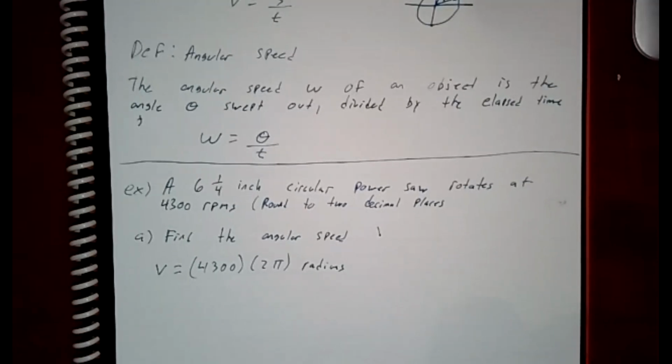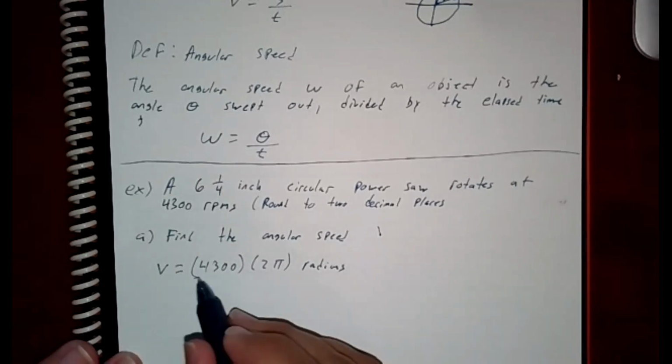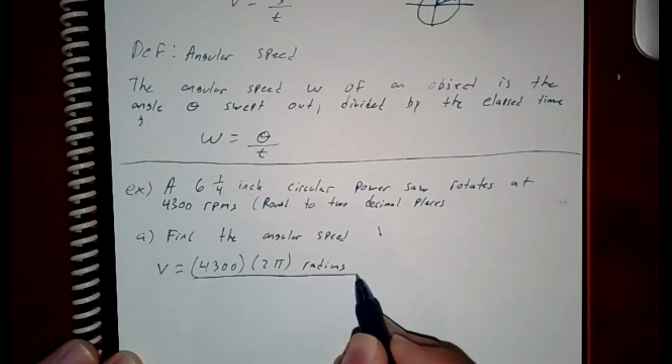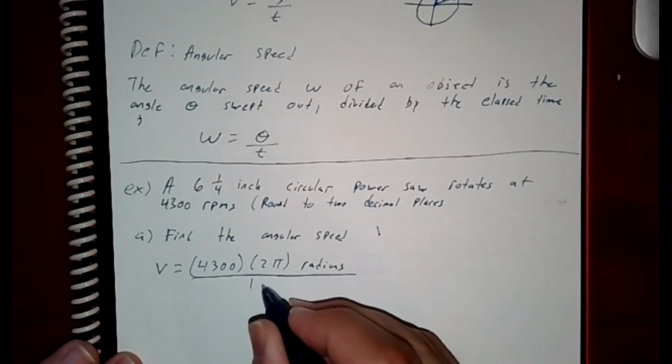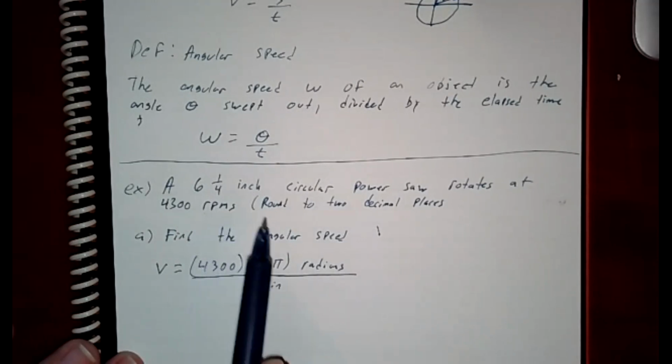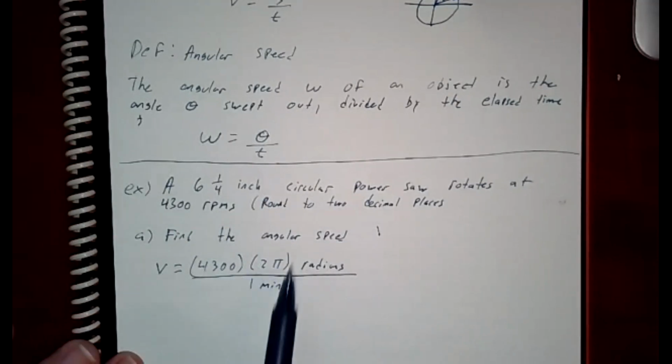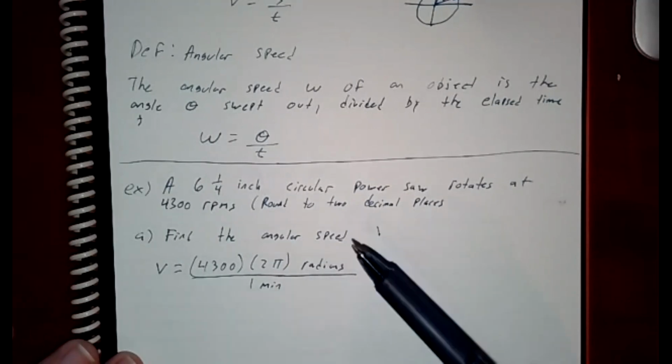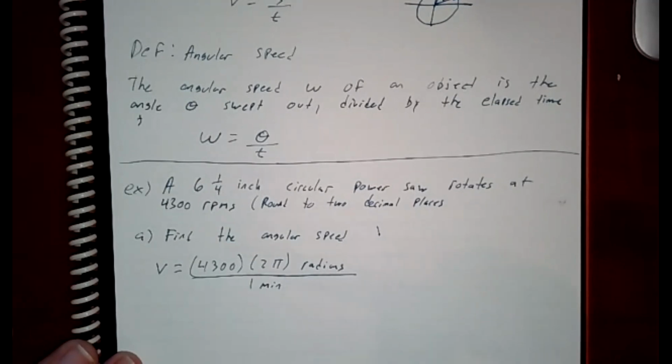And whenever you say per minute or per hour, that means it's on the bottom, per 1 minute. That's what the RPMs gave me, right? Revolutions per minute. That's where this came from. You see where these numbers came from.